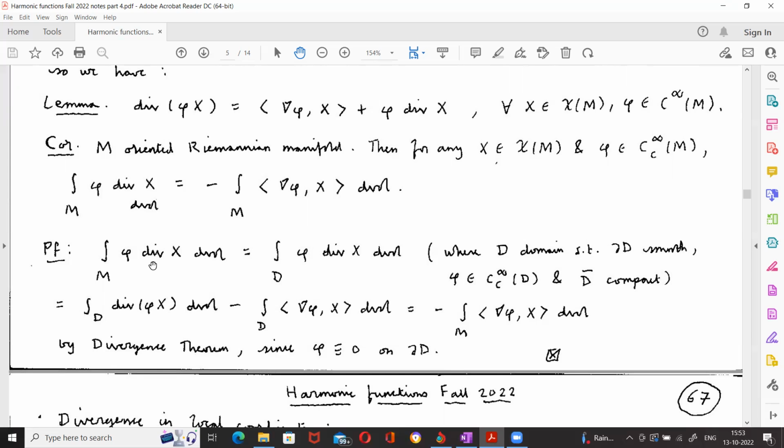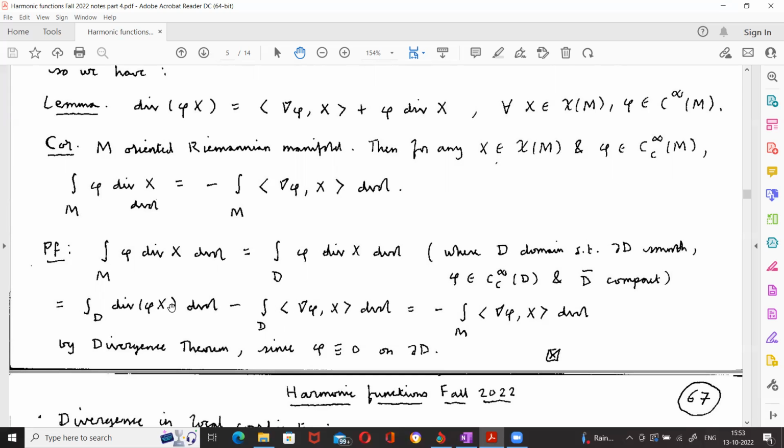So what happens? This integral of phi div X dvol, we first write as the integral over some domain D which contains the support of phi, such that D closure is compact. So this is the integral over D of phi div X dvol. And phi div X from this formula is equal to divergence of phi X minus inner product grad phi X. So this becomes the integral over D of divergence phi X dvol minus the integral over D of inner product grad phi X dvol.